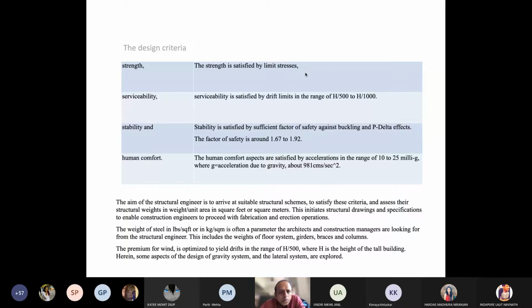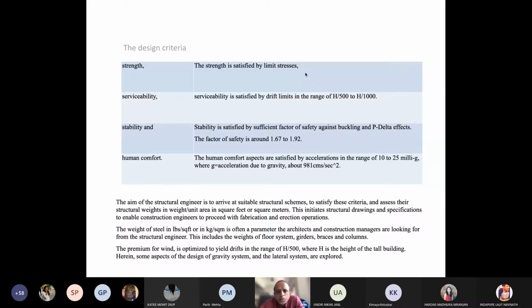Then there is very important aspect of human comfort, I think, which we touched upon last time, which is about the acceleration of the building, particularly when we are talking about a sway in the building. Then what is the sway? What is the human comfort which is associated with those sways, and whether those are within the limits? These are the parameters that a structural engineer will always look at, right?